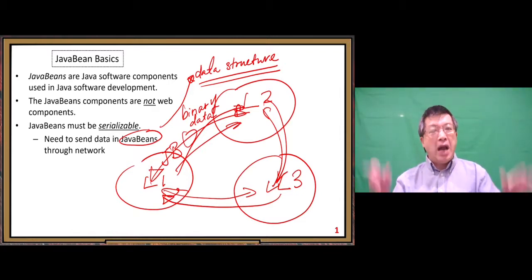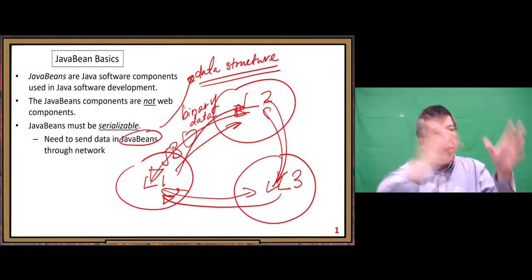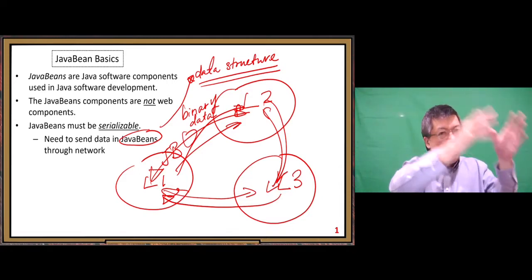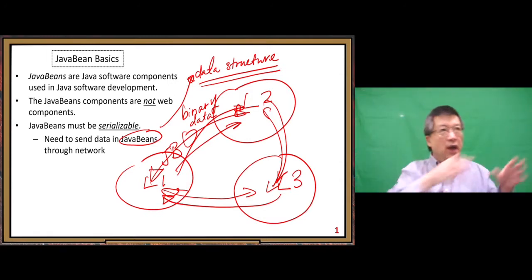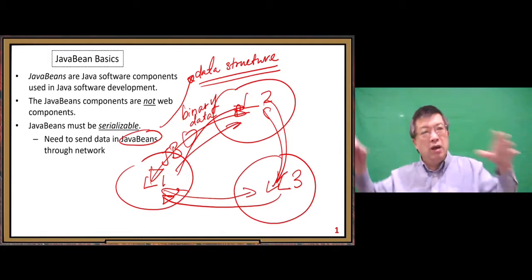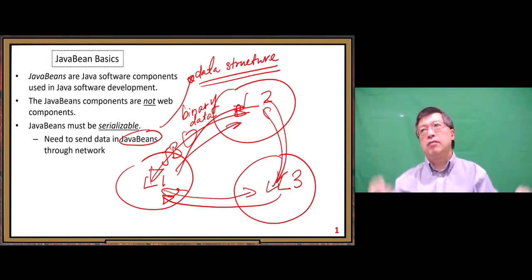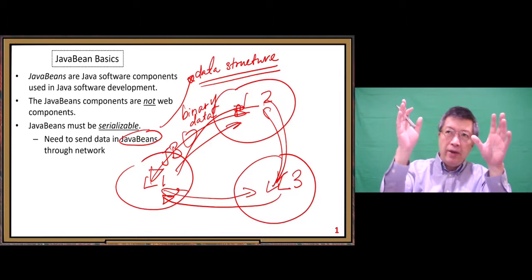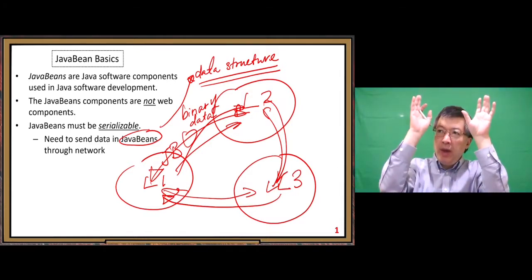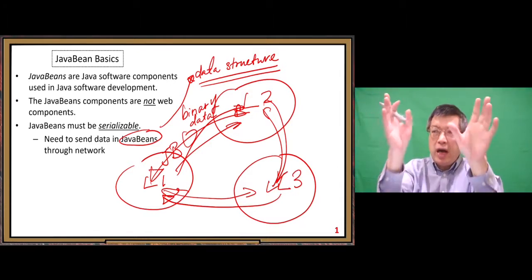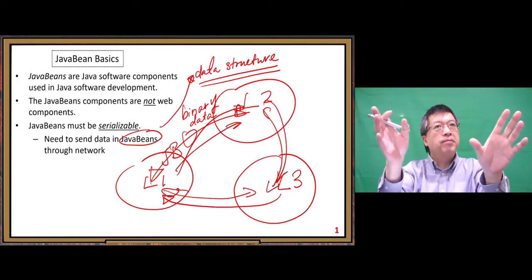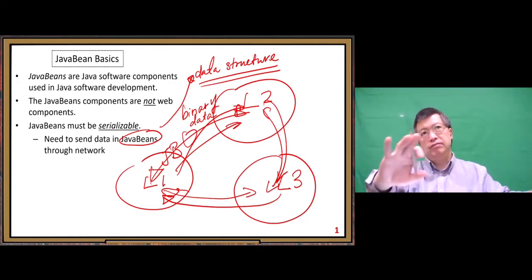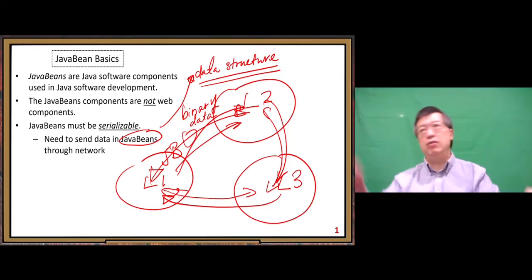In order to guarantee your JavaBean works as expected everywhere in the world, in every different Java system, the serializable concept was created. In other words, if we make JavaBean serializable, then it is guaranteed it can work everywhere in the world.